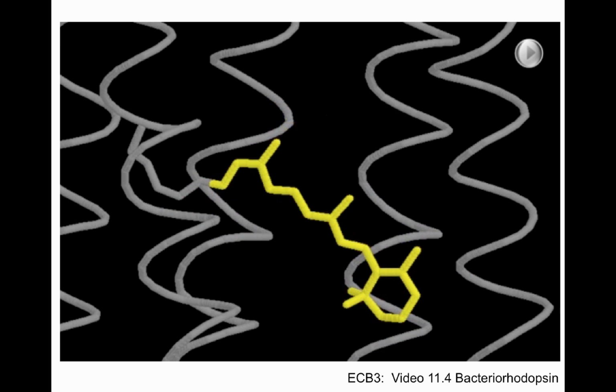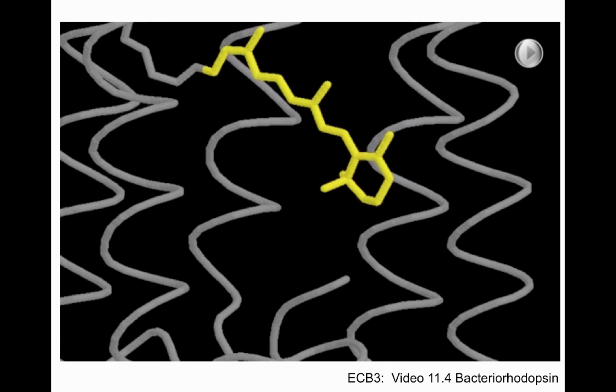The light-induced isomerization of retinal is the key event in proton pumping. In the excited state, retinal is positioned so that it can transfer a proton to an aspartate side chain, aspartate 85, that is positioned towards the extracellular side of the protein. Aspartate 85 quickly hands off the proton to the extracellular space via a bucket brigade of water molecules.